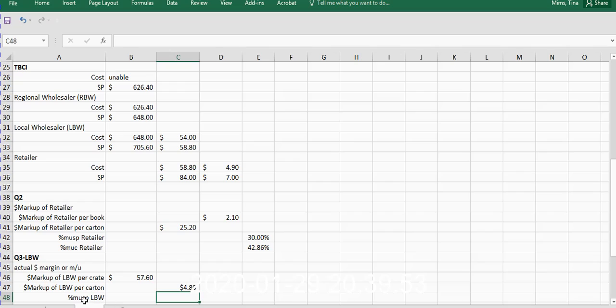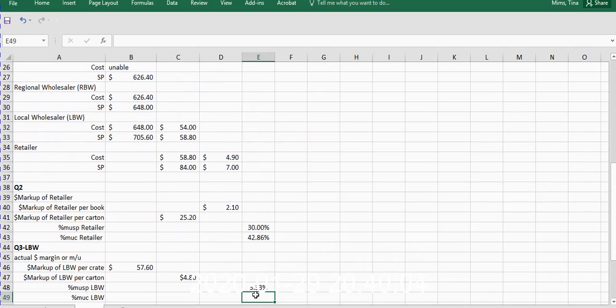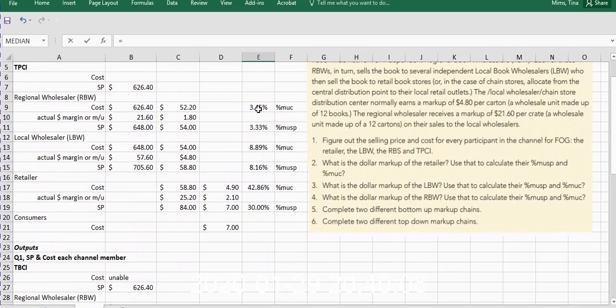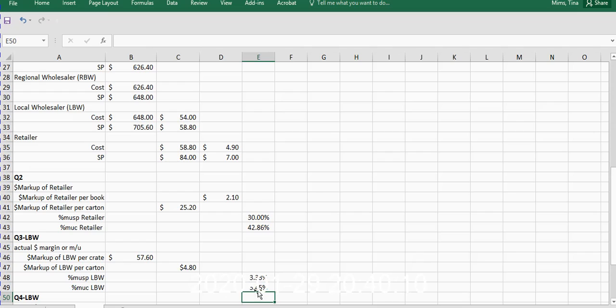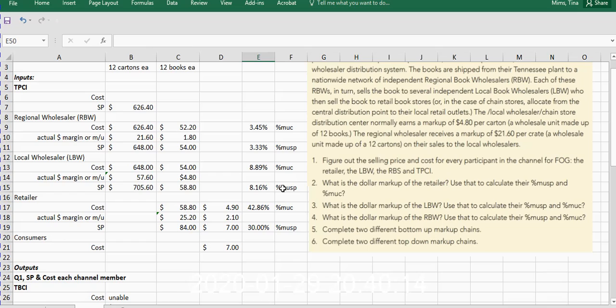Very good. Percent markup on sales price is, sales price. And the percent markup on cost, 45. Okay.